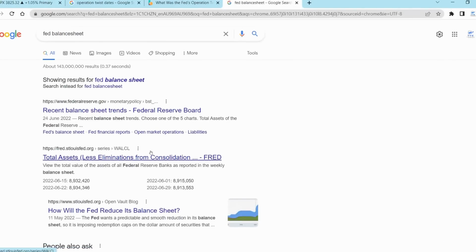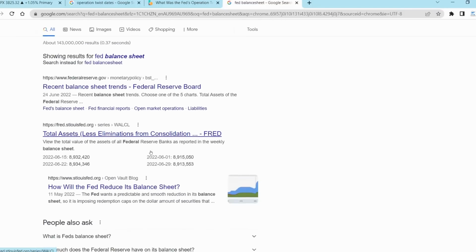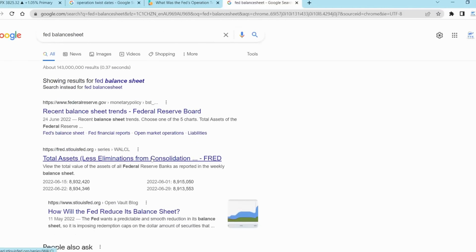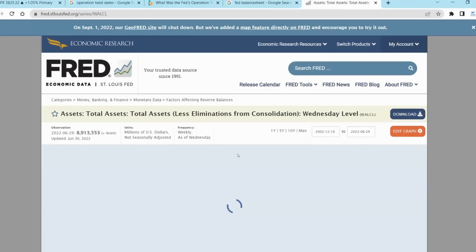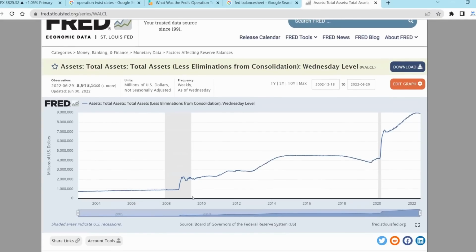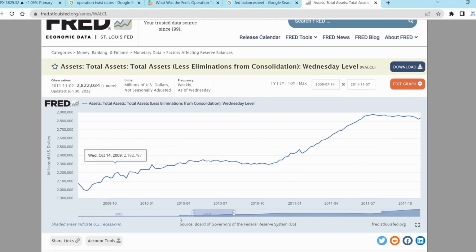Total assets? Yeah, that's good. St. Louis Fed. Yeah, go there. And you'll see during that time period that you just drew, the Fed expanded the balance sheet by $5 trillion from the end of the financial crisis to the pandemic, from gray to gray, recession to recession.